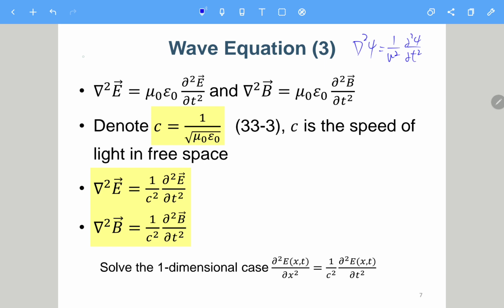So the Laplacian of E should be something like 1 over c squared times the second partial derivative of E with respect to t. By equating 1 over c squared to mu naught epsilon naught, we will get c equals 1 over the square root of mu naught epsilon naught, which is the speed of light.